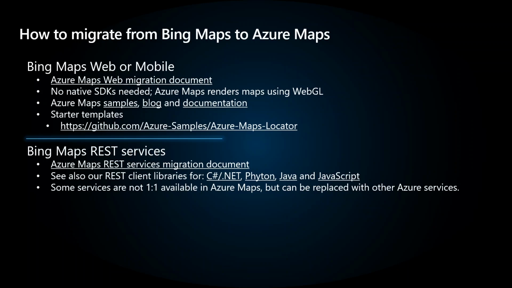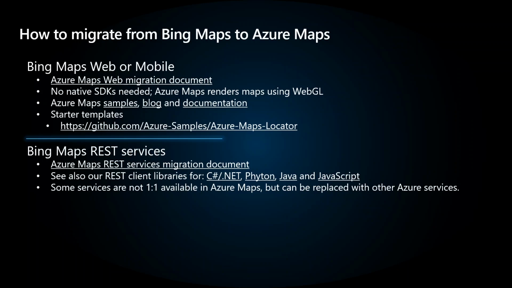But you can also use the REST APIs from Bing Maps, and we have something similar for Azure Maps. Of course, we have migration documentation available for that, and we have native client libraries available for .NET, Python, Java, and JavaScript, or you can hard code it yourself if you prefer.